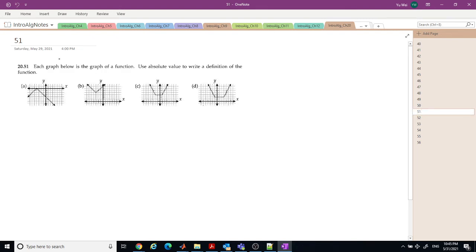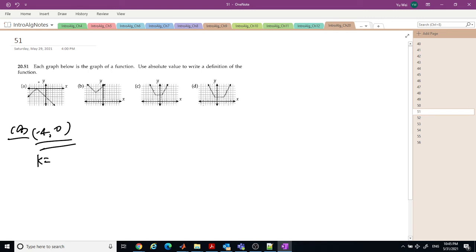Okay, so for this one, we are going to write the function. First we need to find the slope, and then we can find the zero points. Here the zero points are 1, 2, 3, 4, right? So -4 and 0, it must pass through this point, right? And the slope is 1 to 1.